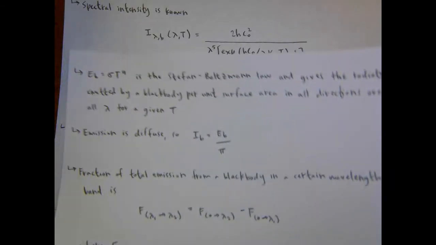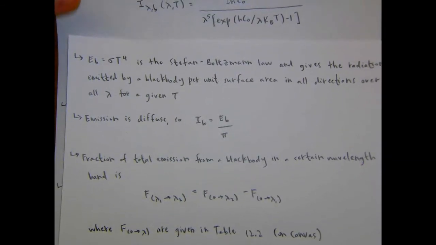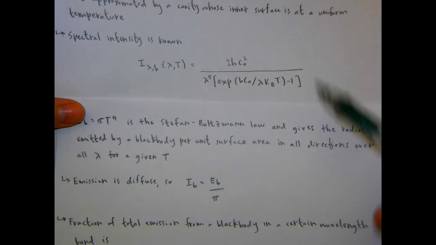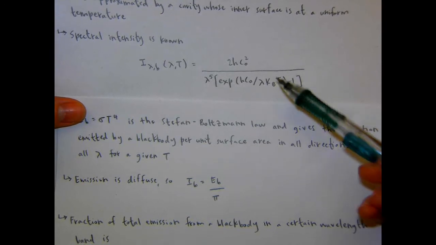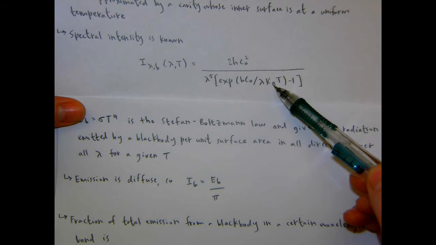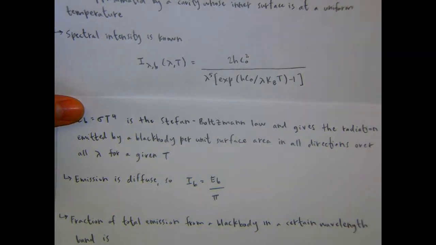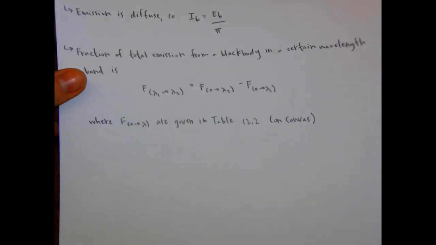So if you look at the reason the table is presented like that, we'll skip down to this real quick. If you look at the original definition of the intensity, these are constants h, c sub naught, and k, and then lambda and T are the only dependent variables that are still in the expression.